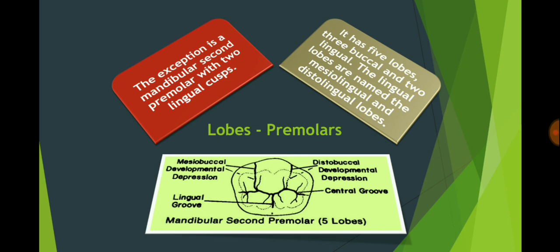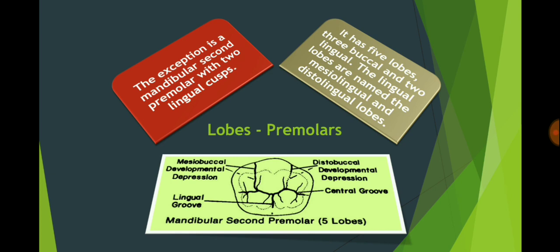So the exception of the lobes is the mandibular second premolar with 2 lingual cusps. This is the Y type mandibular second premolar. You can see the Y type mandibular second premolar has 5 lobes.